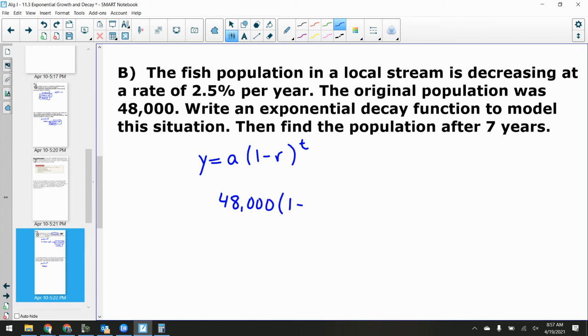Multiplied by 1 minus what? Not 2.5, not 0.25, 0.025. Be careful there, folks. For 2.5%, I've got to move the decimal 2 places: once, twice, 0.025. So 1 minus 0.025 to the t power.